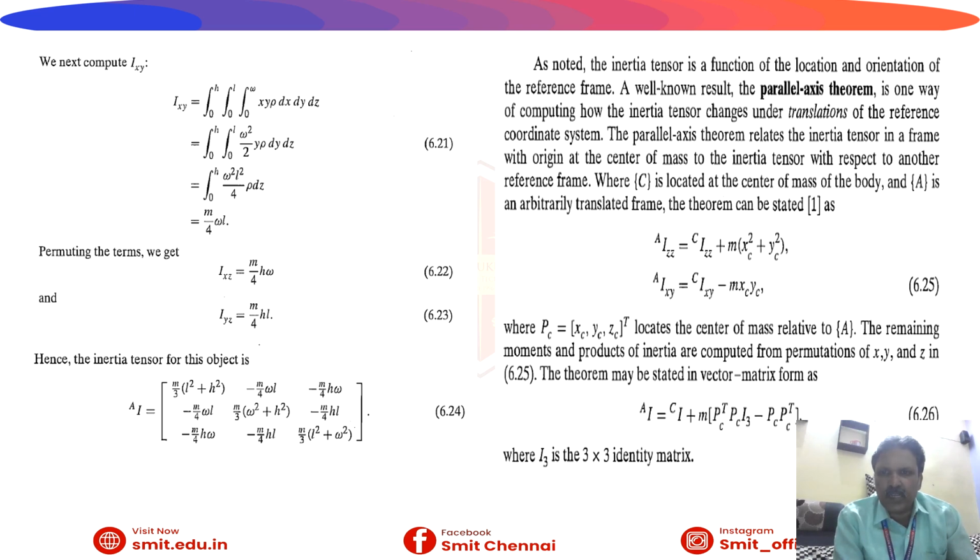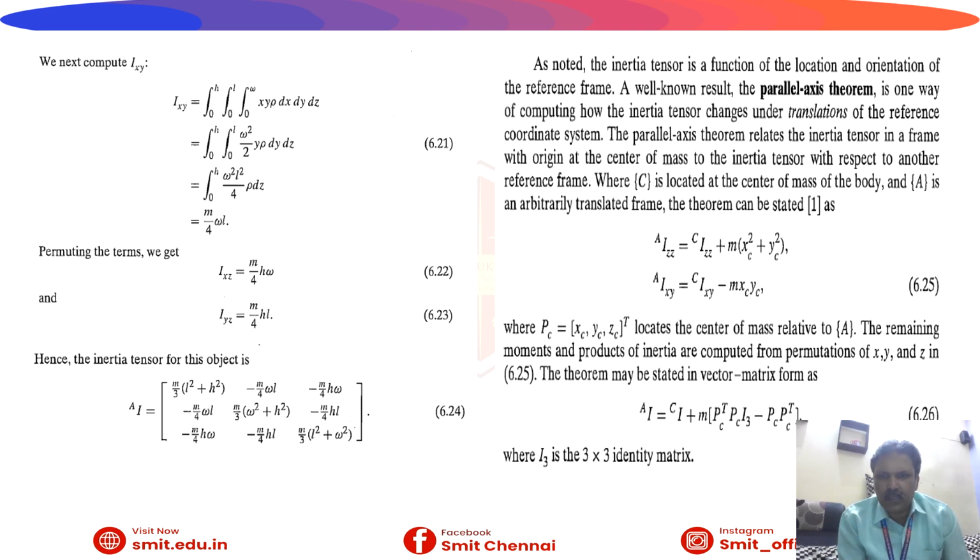Parallel axis theorem relates the inertia tensor in the frame with origin at the center of the mass to the inertia tensor with respect to another reference frame, where C is located at the center of mass of body and A is the arbitrary translated frame, followed by AIXY is equal to CIXY minus M XC YC, and followed by PC equal to XC YC ZC locates the center of mass relative to A. Remaining moments and products of inertia are computed from the permutation of the x, y, z in that equation.